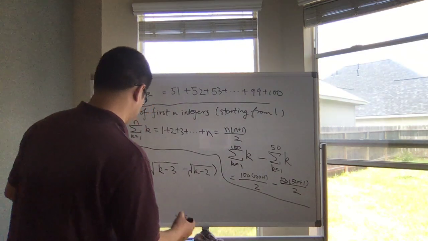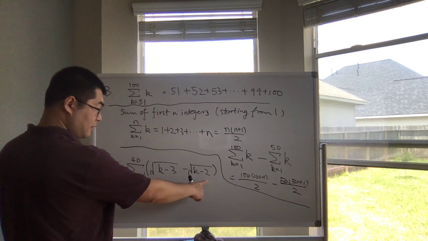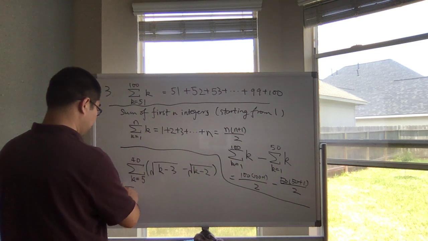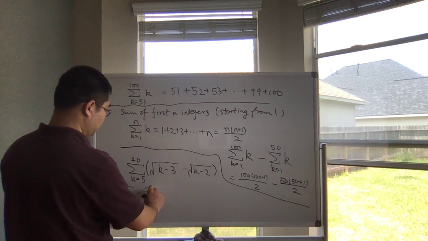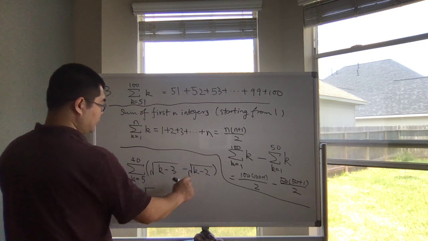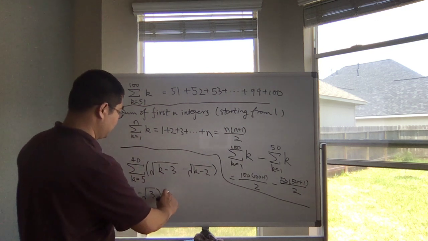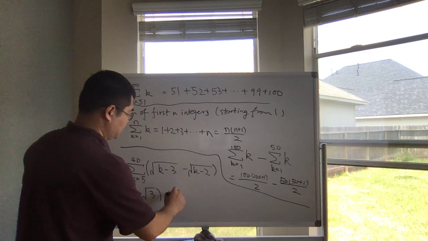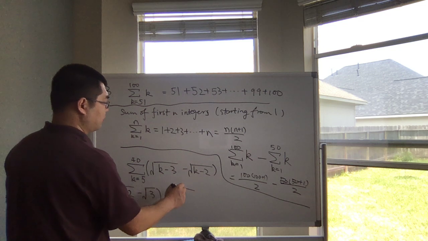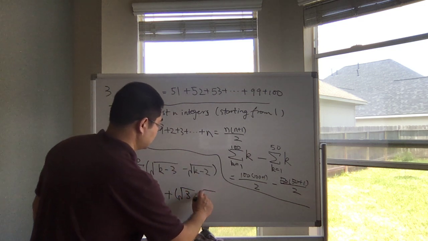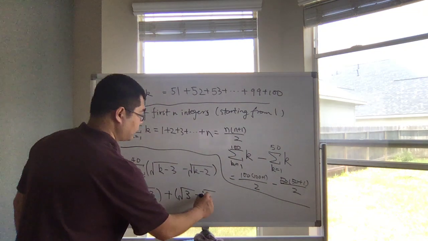Okay, so this is what I'll do. When k equals 5, I'm going to have square root of 5 minus 3, which is 2, minus square root of 5 minus 2, which is 3, right? This is when k equals 5. And then plus, when k equals 6, square root of 6 minus 3, which is 3, minus square root of 6 minus 2, which is 4, right?